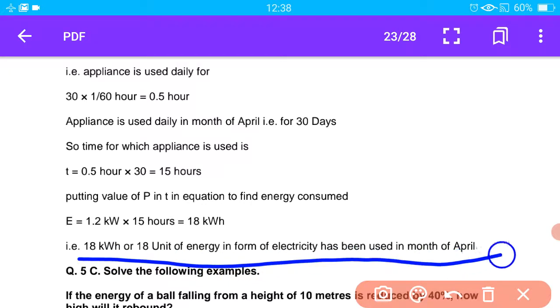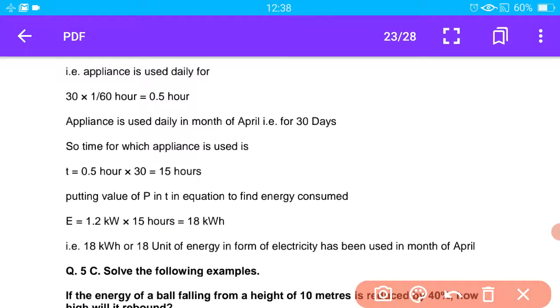Your final answer. Okay, highlight it with a pencil in your notebook.